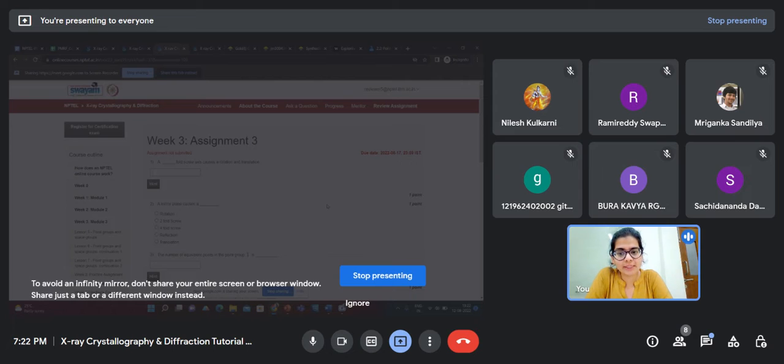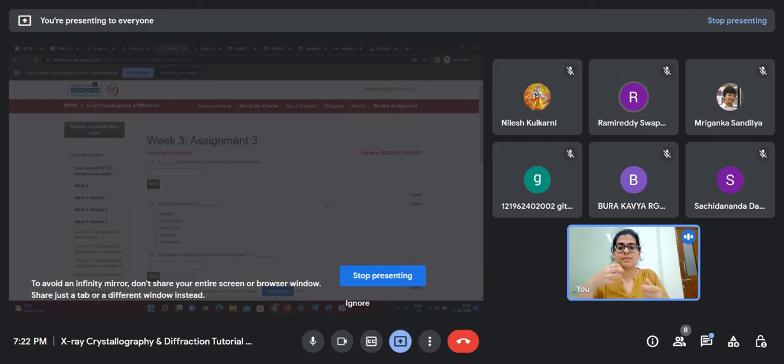Can someone tell what a screw axis is? I'm sure you know. It's the combination of translational and rotational symmetry. In a simple axis of rotation, we are just rotating one moiety along one axis.